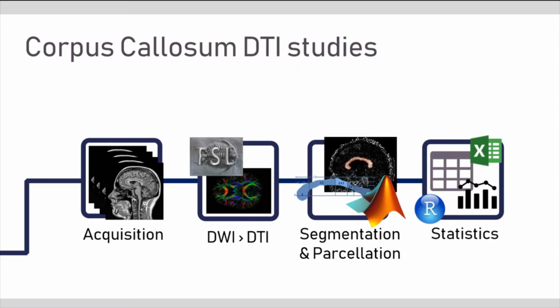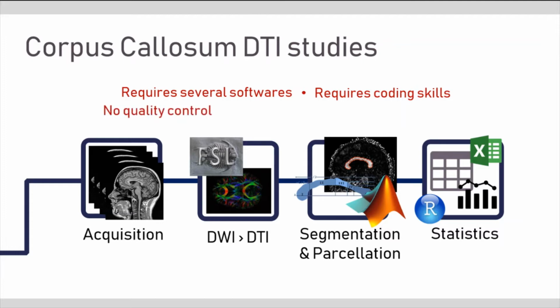We defend, however, that this pipeline is not quite robust, especially when working with large datasets. It requires knowledge about several softwares for each step, and often coding skills, making it inaccessible for a lot of researchers. Often, there is no quality control when using automatic segmentation and parcellation methods, making studies prone to errors and misinterpretations.